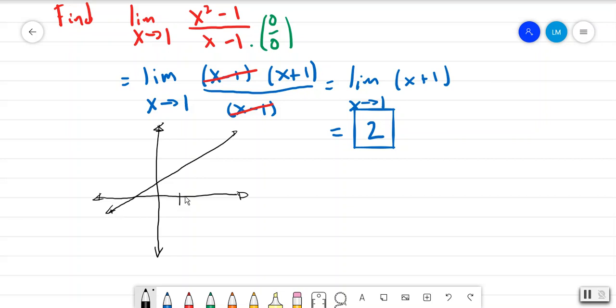However, at 1, there's a hole, and that hole is at 2. So it's the same thing: if you graphed this, from the left it's 2, from the right it's 2, so that must mean that the limit is 2. It's really whichever way you want. I would say, try using a table if you want to use a table.